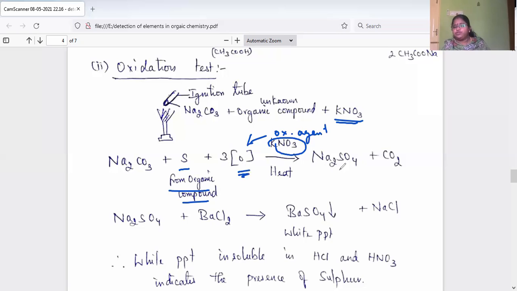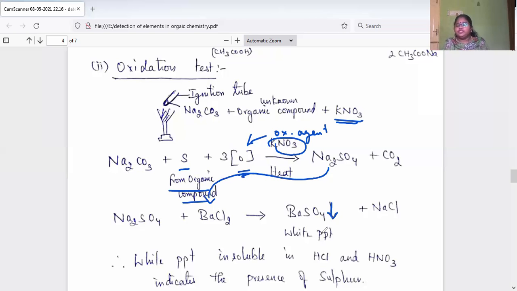So this leads to Na2SO4, sodium sulfate. But we can't observe anything, so this sodium sulfate is treated with barium chloride. Barium immediately reacts with sulfate and gives a white precipitate, which is barium sulfate, shown by the arrow downwards.